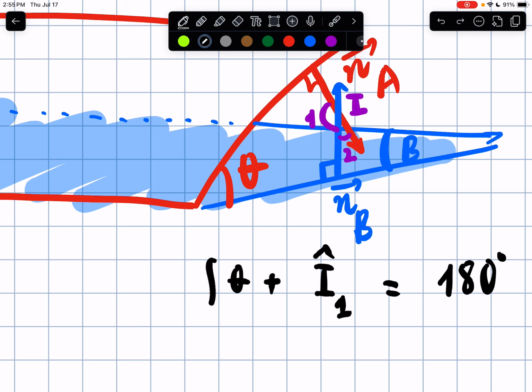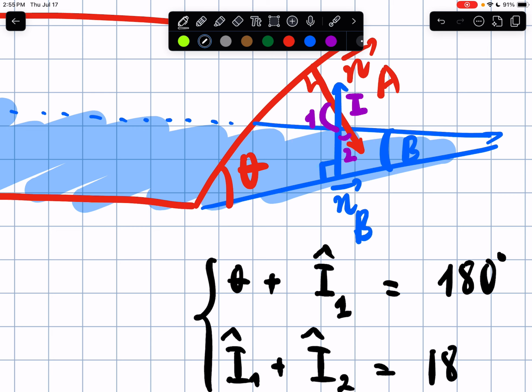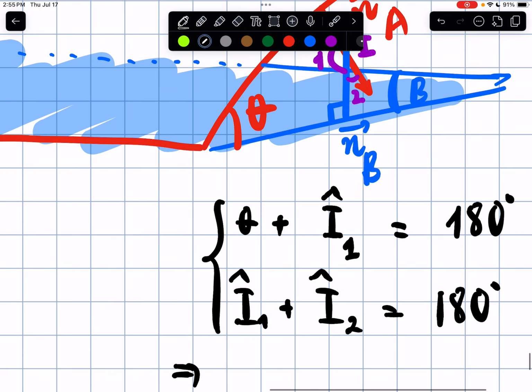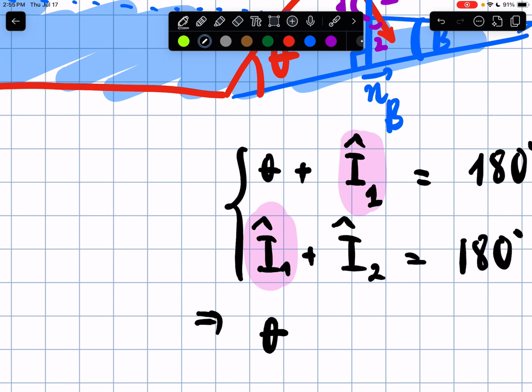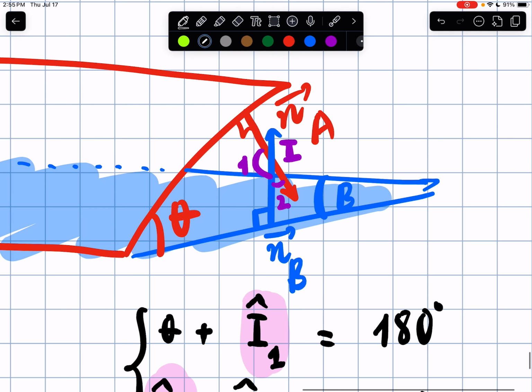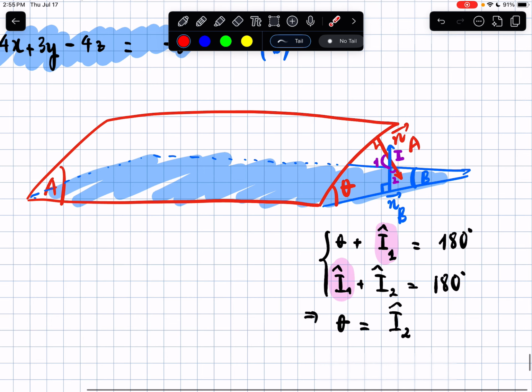Therefore, theta and I2 both plus I1 is 180, so theta equals I2. So I2 is actually the acute angle between the two normal vectors NA and NB.